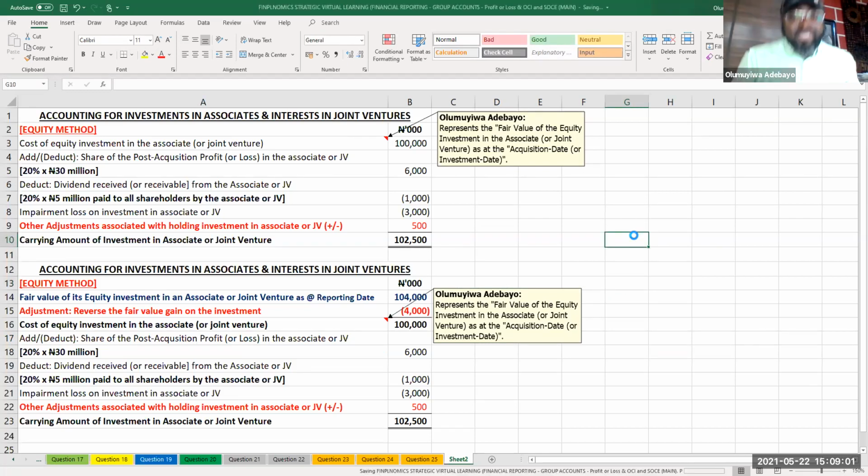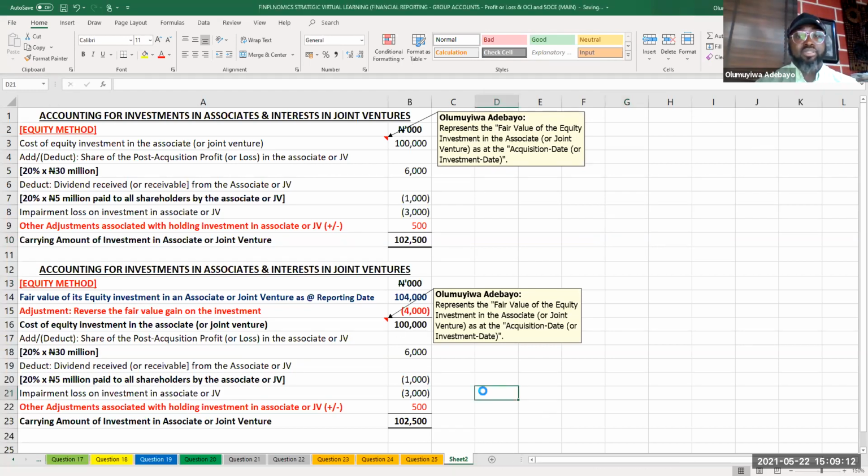At every point in time, even if it's a fair value loss, you will still reverse it. You can say now. And that is what I've recognized.